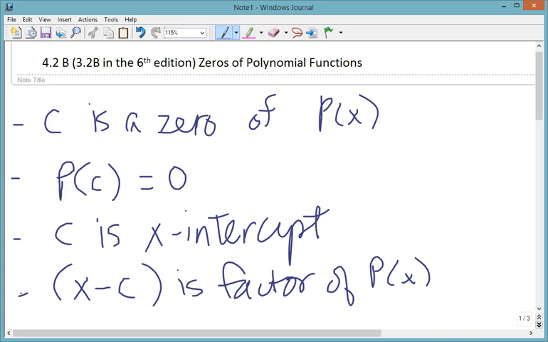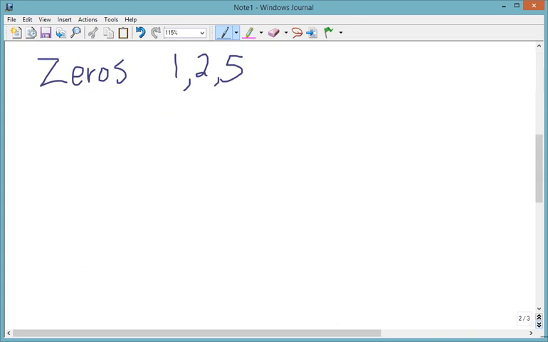So one thing that we can do is come up with the polynomial. Suppose I know that there's a polynomial and the zeros are 1, 2, and 5. Could I write an equation that had those zeros 1, 2, and 5? Well, I could, because remember, if something is a 0, then x minus that number is a factor.